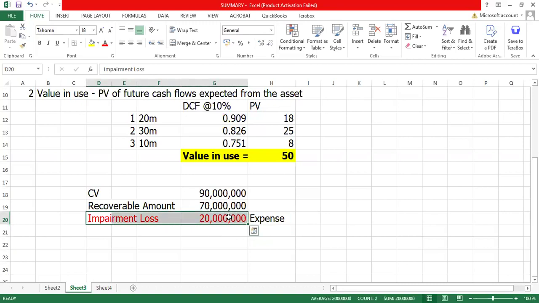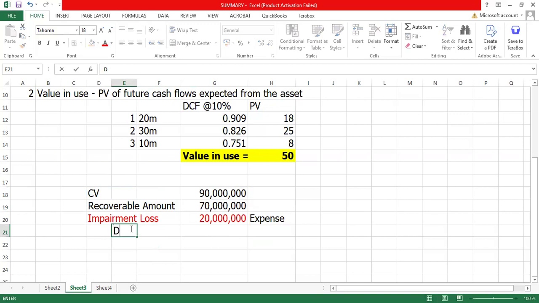Then in your balance sheet, you must record the recoverable amount, not the carrying amount. In short, the entry you're recognizing is to debit the profit or loss account, the expense account.